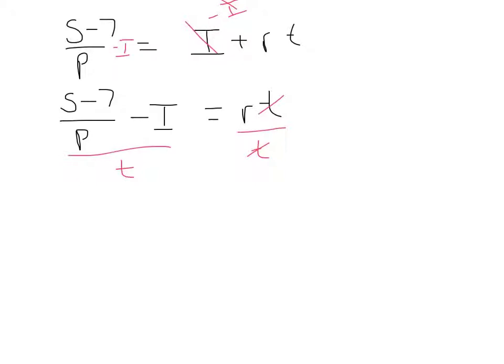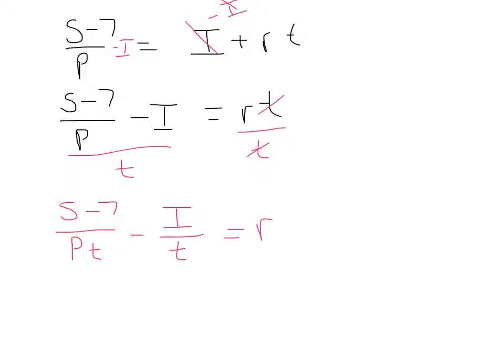What happens with this left-hand side is we end up with S take away 7 over PT, take away I over T will be equal to R.